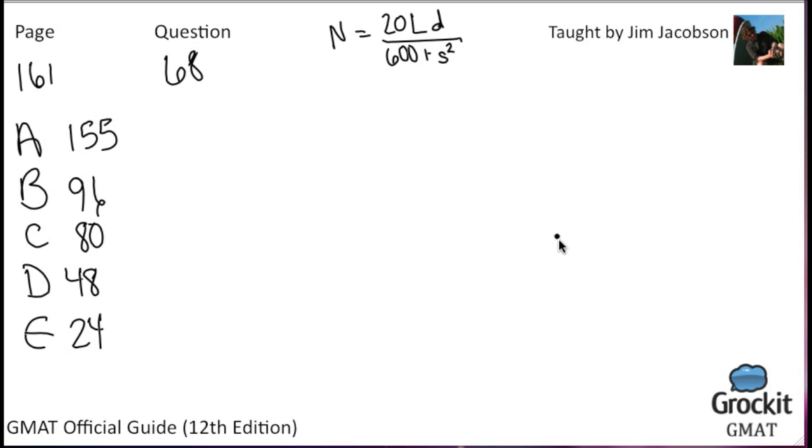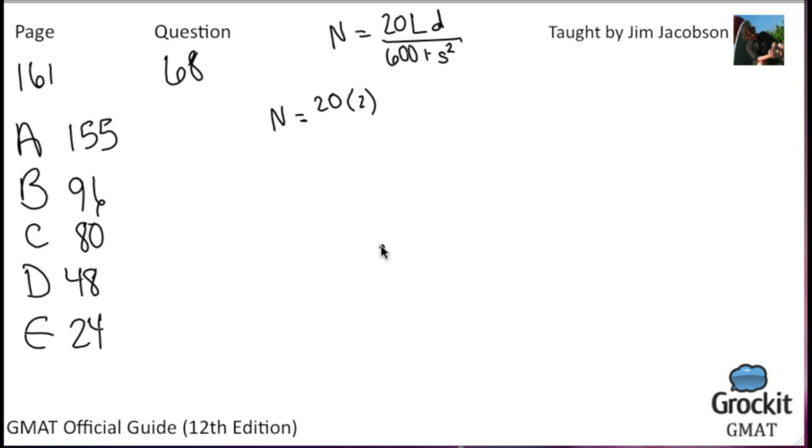So n is what we're trying to figure out. That's the estimated number of cars. So n is going to remain our variable. However, we are given data on every single one of these other variables in the rest of the question. So n equals 20. Capital L is the number of lanes in the same direction. We find out that that's 2.